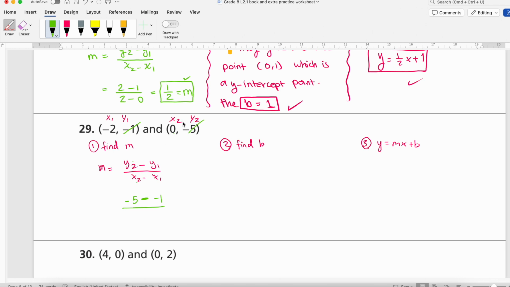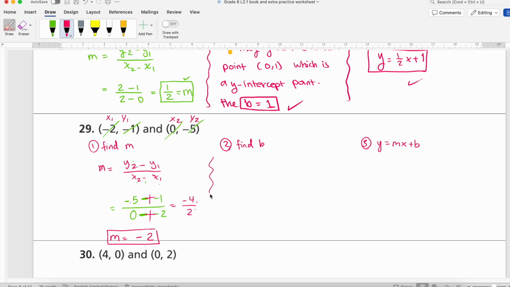It's 0, just write it down, minus. What is x1? It's negative 2, just write it down. Now simplify the signs. Negative with negative will give me positive. Negative 5 plus 1 is negative 4, over 0 plus 2, it's 2. So m equals 4 divided by 2, it's 2. One of them is negative, so it's negative 2.